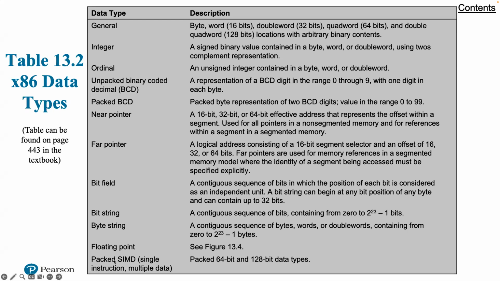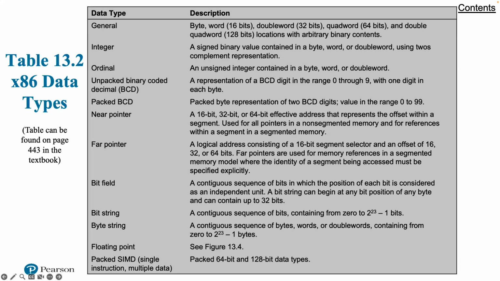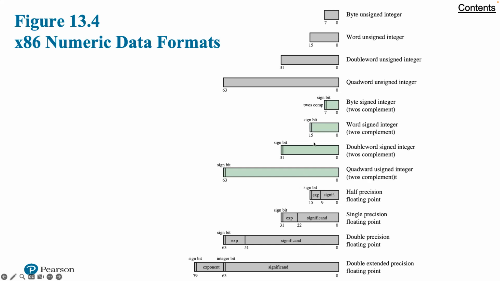And I'm going to get back to SIMD. I think I mentioned this once already, but this lecture will get into that in a little more detail. You have these different classes of things that you're trying to encode, and here you can see how many bits it takes to do it.